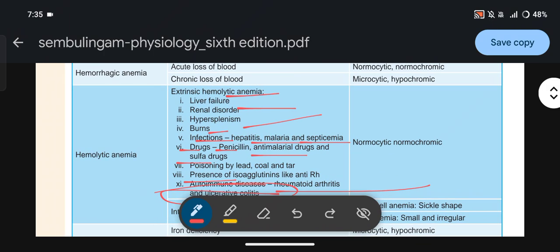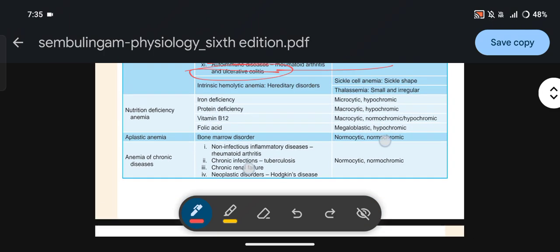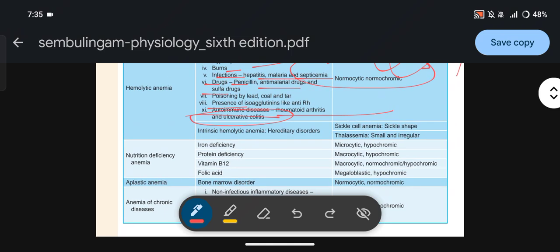This type of anemia is normocytic and normochromic. In case of intrinsic hemolytic anemia, the reasons are hereditary disorders like sickle cell anemia and thalassemia.